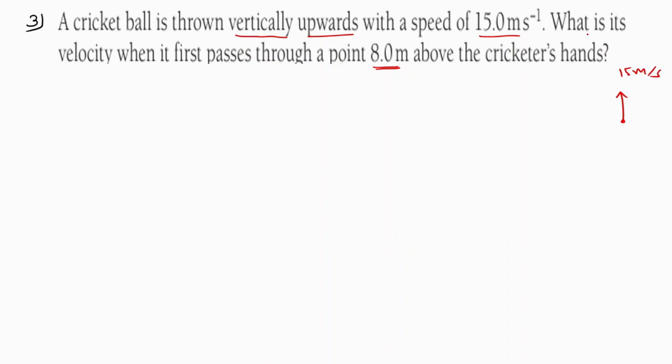So we need to find its velocity when it first passes through the point 8 meter above the cricketer's head. Means the cricketer is standing over here and the 8 meter like this is the distance. So try by yourself.